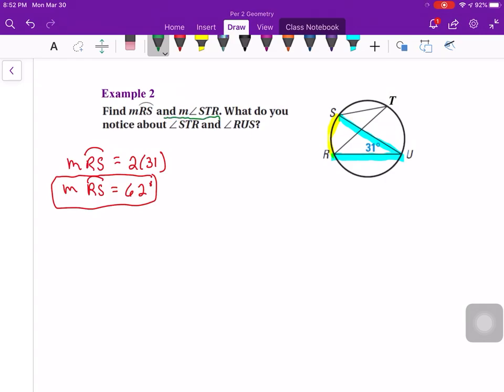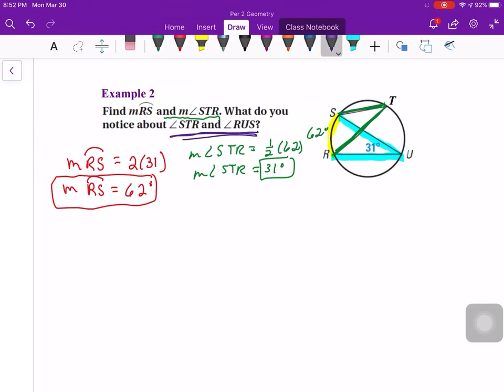Now the next question is, what's the measure of angle STR? Well, if I look at angle STR, that intercepts the exact same arc. That intercepts the yellow arc. So if this arc is 62 degrees, the measure of angle STR is going to be half of 62. So the measure of angle STR would be 31 degrees.